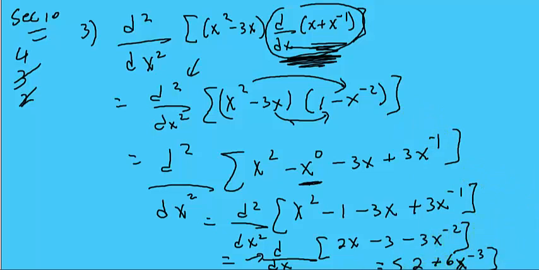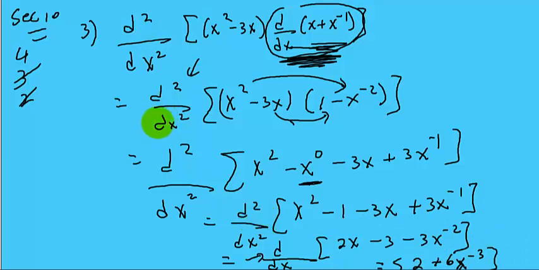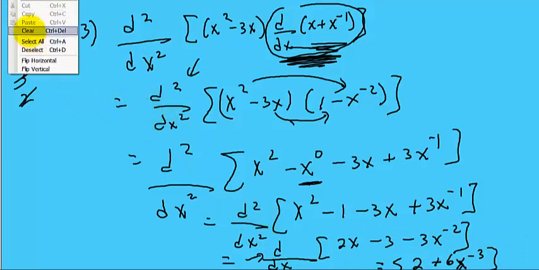I'm going to pause for a second. All right, we got number 4. Let's see what that says. Holy cow, this is a long one.